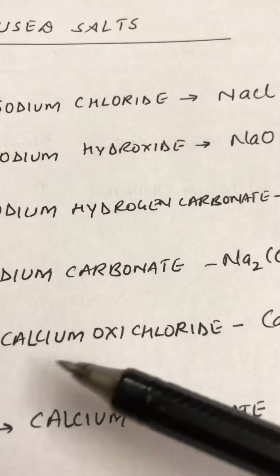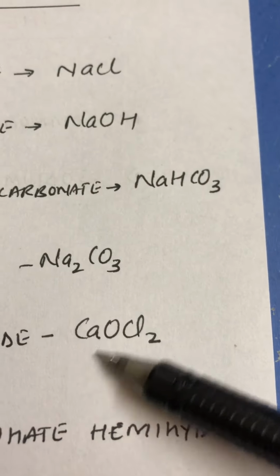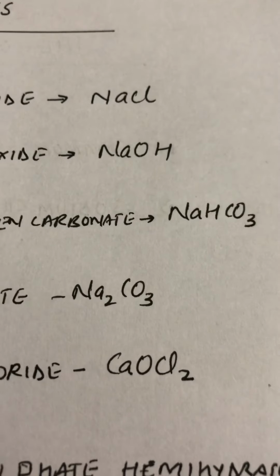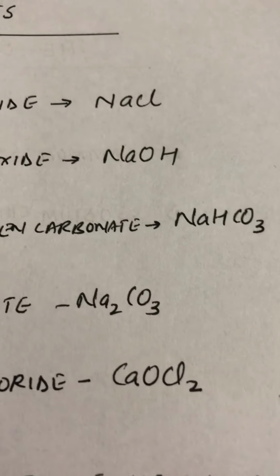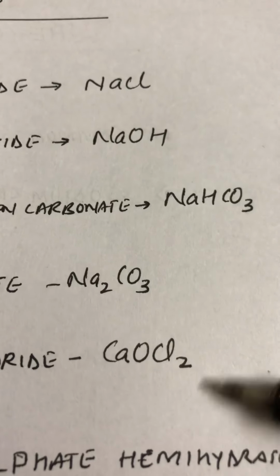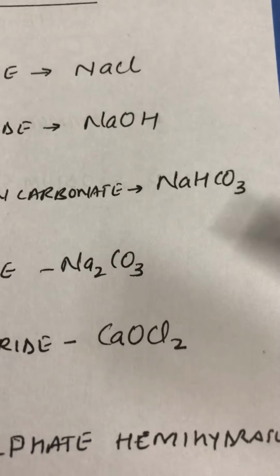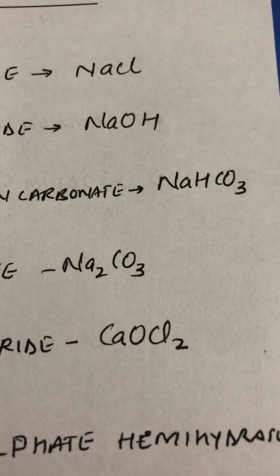Chemically, it is called calcium oxychloride, with the formula CaOCl2, and this compound liberates chlorine gas when it is used, which is actually a poisonous gas. That is the reason why we use it at normal cleaning processes at home.